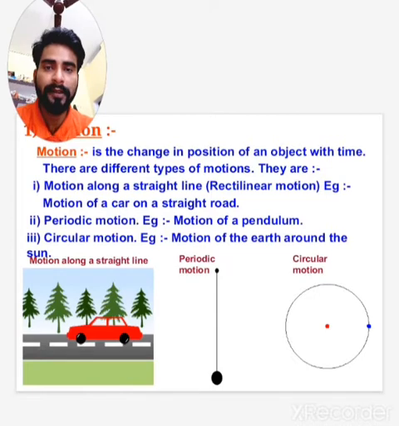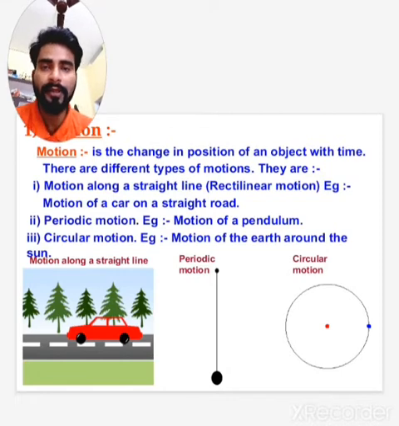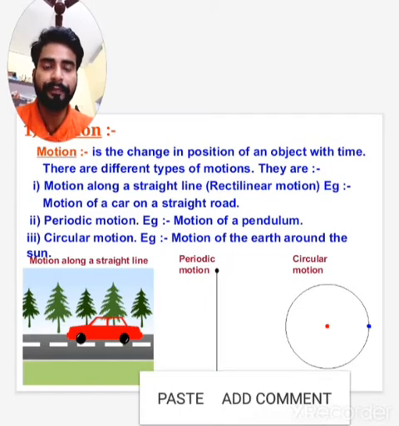Motion along a curved line is known as curvilinear motion, and motion on a circular track is known as circular motion. The motion of the earth around the sun is circular motion, because we know that the earth moves around the sun in a circular orbit. So the motion of the earth is an example of circular motion.